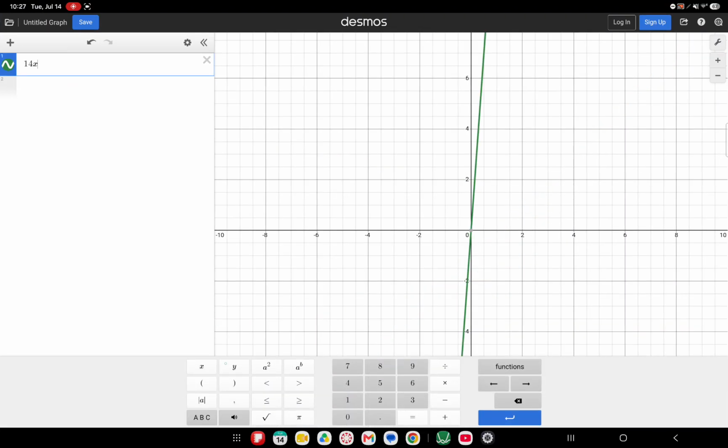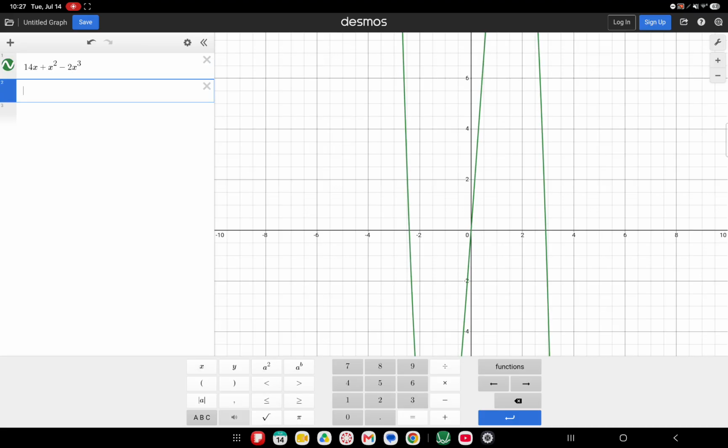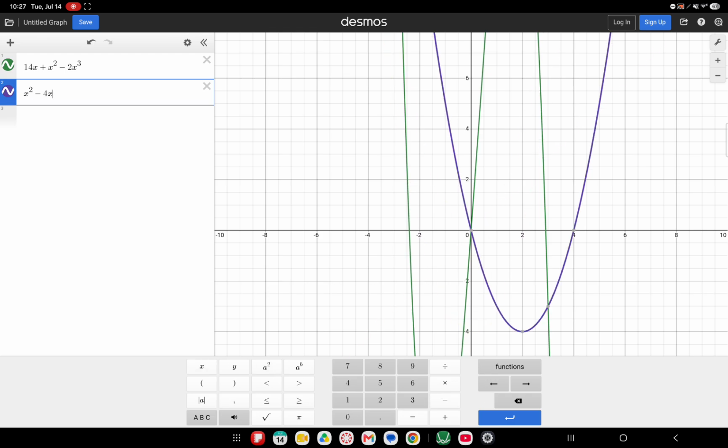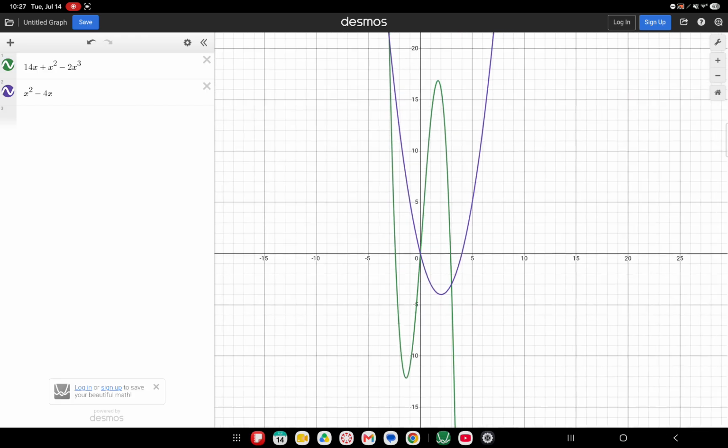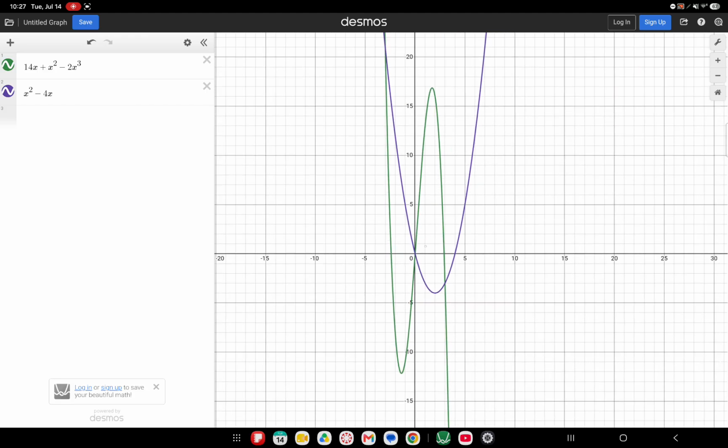So we got 14x plus x squared minus 2x cubed, and then we have x squared minus 4x, right? So I have two different sections of area that I'm going to find, yeah. So let's go back here.